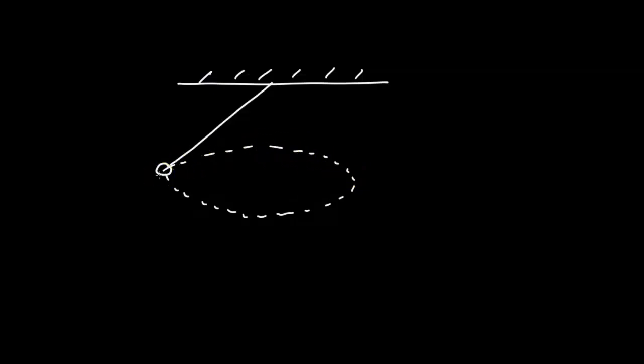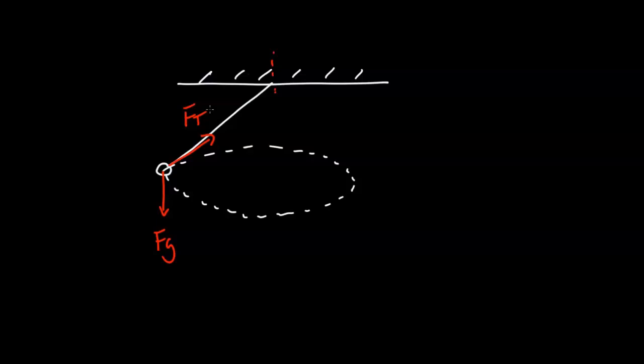Here we have what's called a conical pendulum. So this pendulum right here is swinging around in a circle, forming like a cone shape. And at this point here, we have gravitational force and we have tension force. Okay, so the question is, what force is playing the role of centripetal force? In this case, it's going to be a component of the tension force, because the centripetal force is going to be directly towards the center of the circle.